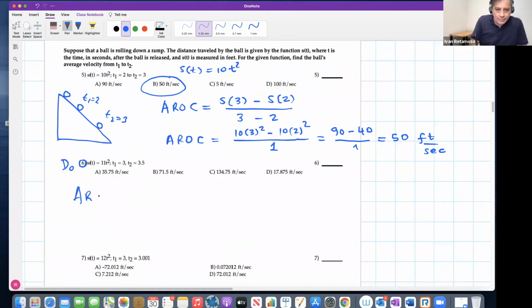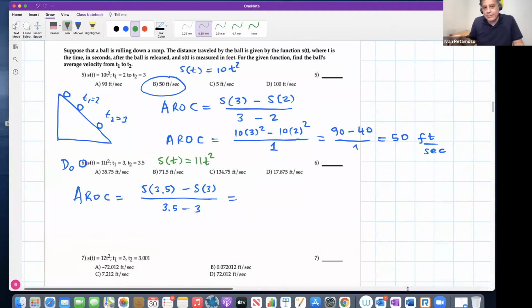Average rate of change for this function will be s evaluated at the last input value, 3.5, minus s evaluated at the first input value, 3, divided by 3.5 minus 3, right? And use this function, s of t equal to 11t squared.